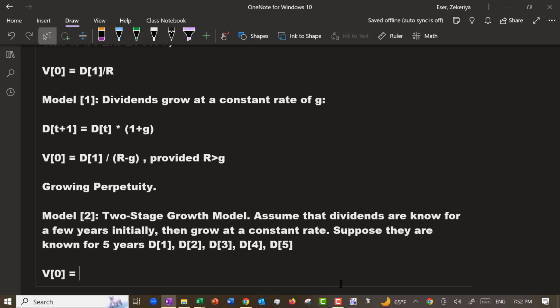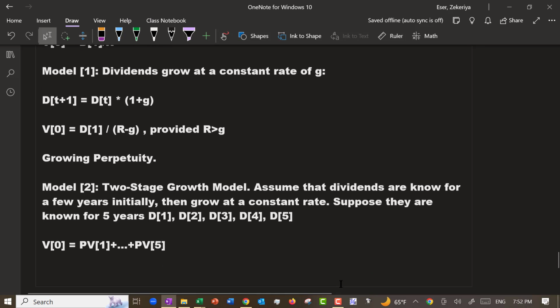So if I have this security, I'm going to get the dividends for the first 5 years. Then at the end of year 5, I still have it, and there should be a value attached to it. But at that point, that stock is going to pay dividends that grow at a constant rate.